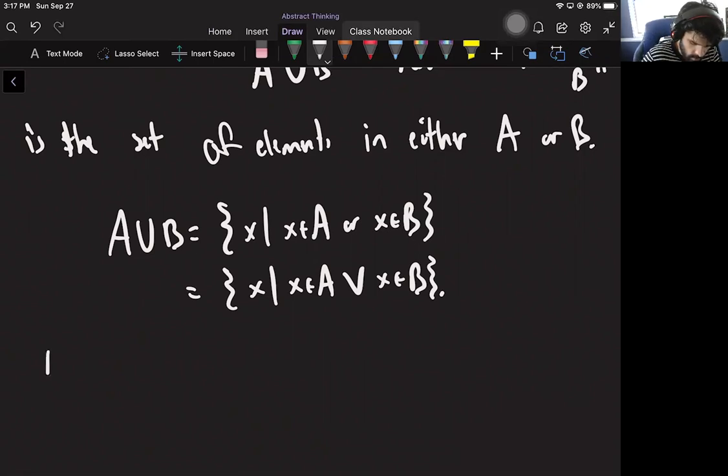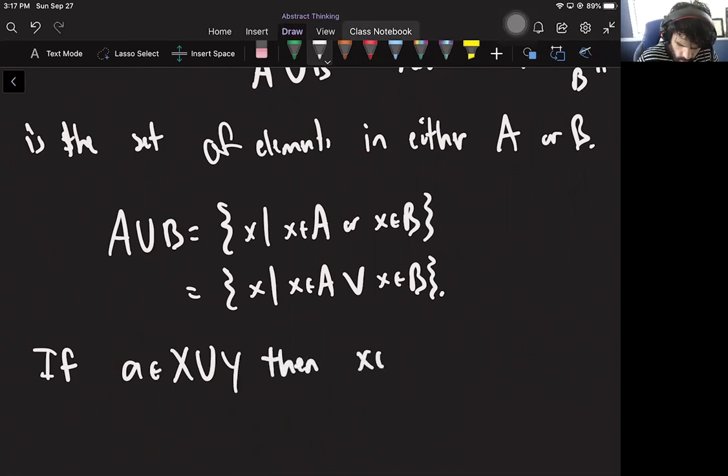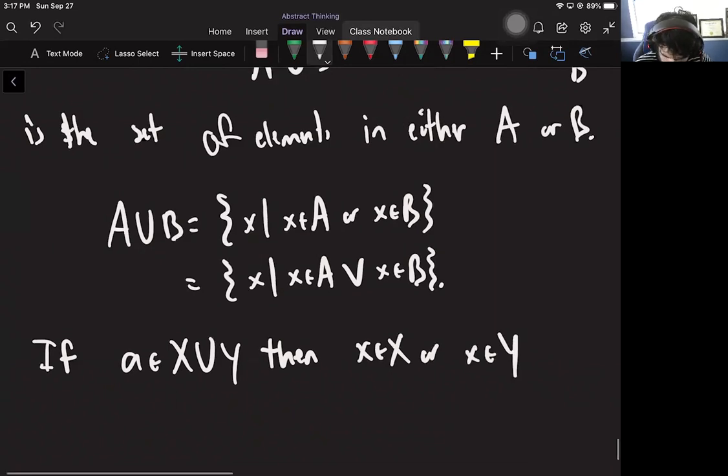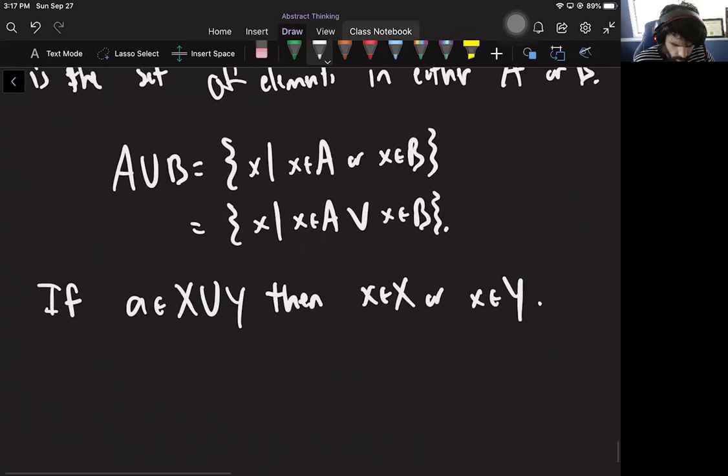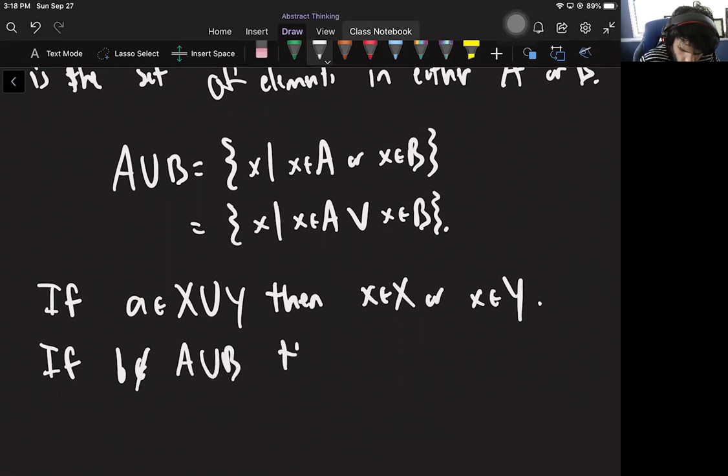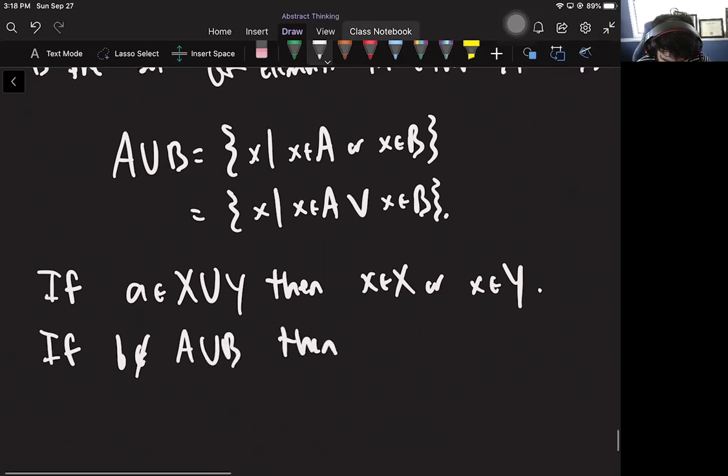So then just like before, if X is in a union, then you get to say that X is in one or the other, but you don't necessarily know which one it is. But it's got to be in one, at least. Could be in both. But if you know that something is not in a union, then it's the same idea as before.